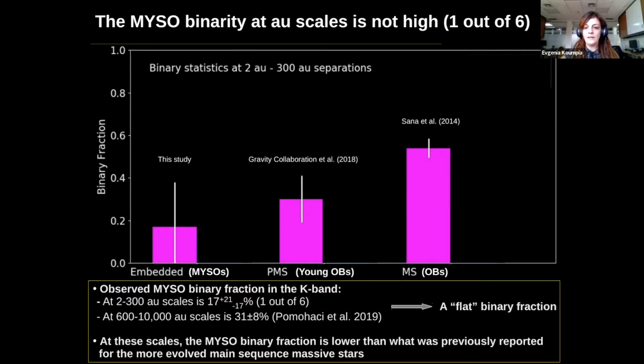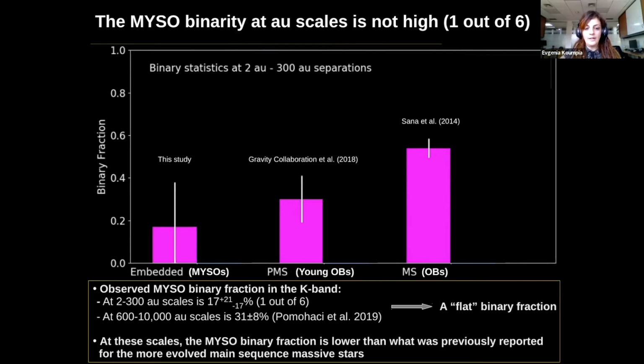What we find from this plot already is that it seems apparent that as massive stars evolve, they are also more often observed in binaries compared to when they are younger.